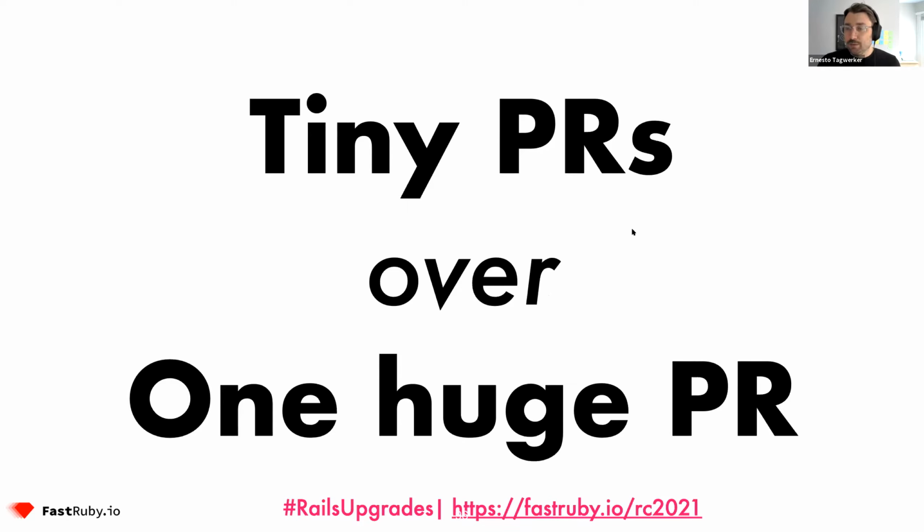So in our process, what we strongly recommend is tiny pull requests over one huge pull request. And you will have one huge pull request because there will be changes that will not be backwards compatible. And you do want to ship as many tiny pull requests as possible. And every deprecation warning you fix could be a tiny pull request. So keep that in mind.